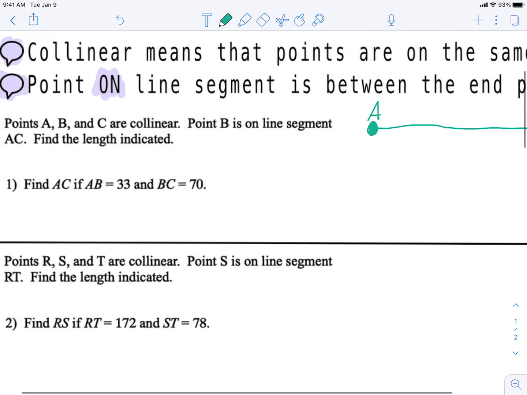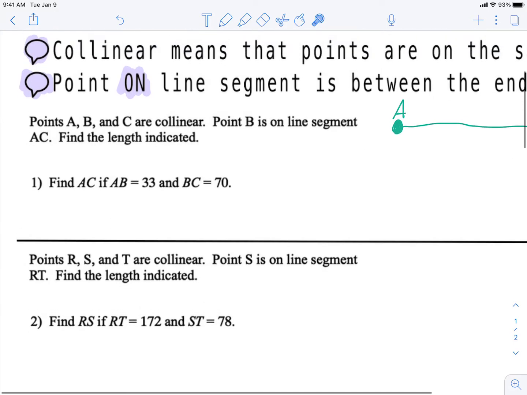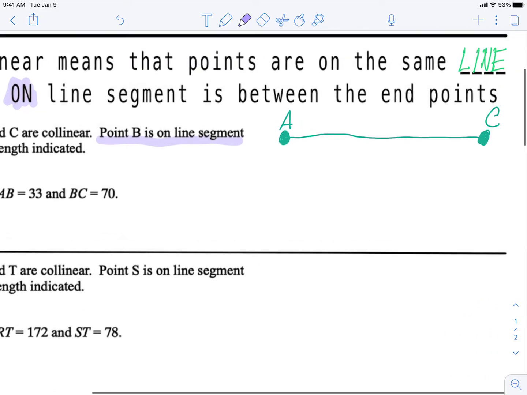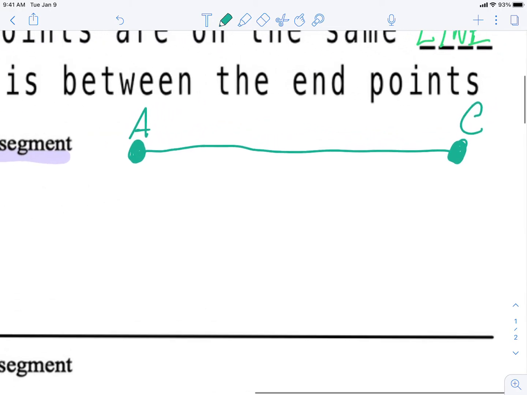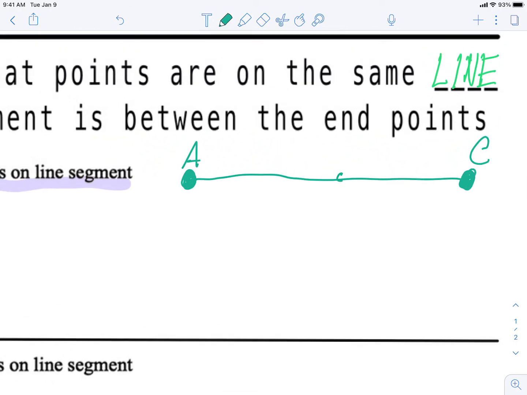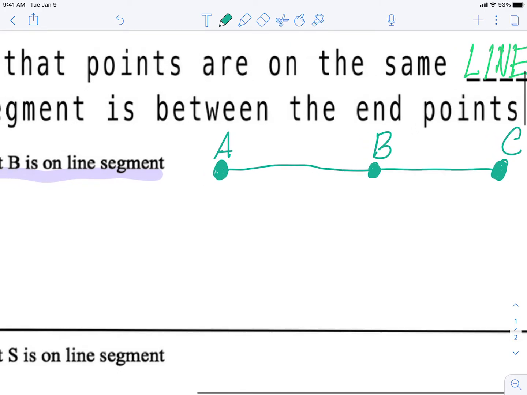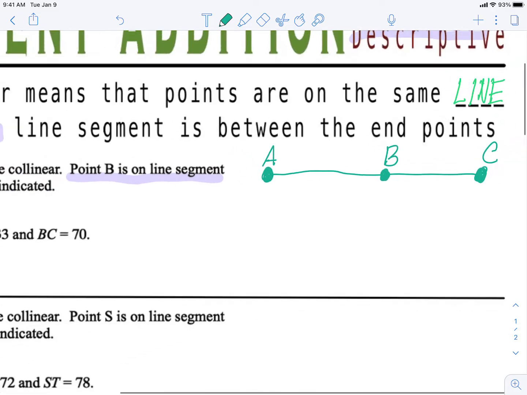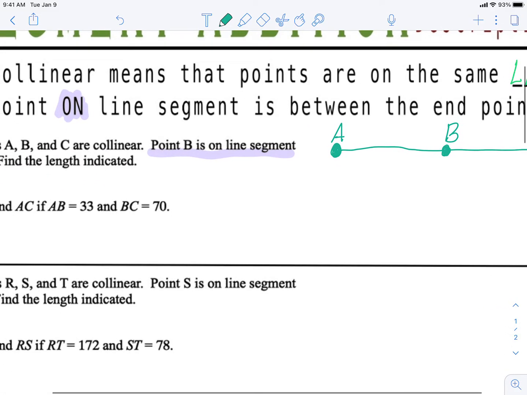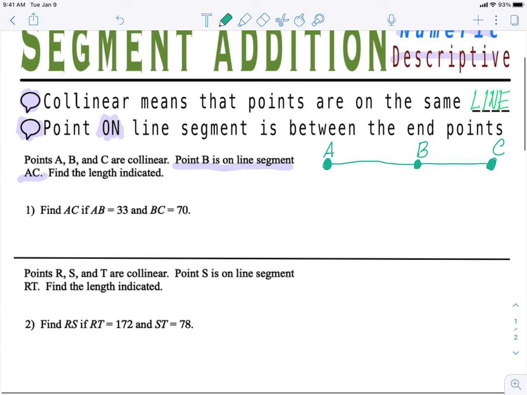It says B is on line segment AC. That means that somewhere here in between A and C, there is B. So I'm going to put it right there. Now, let's see the information that they give us.